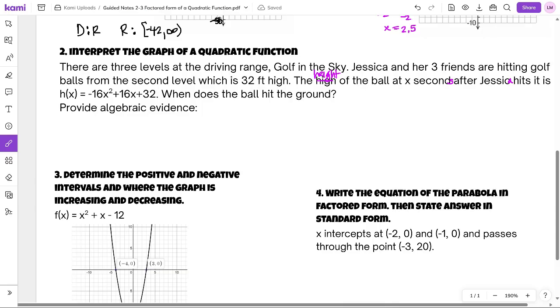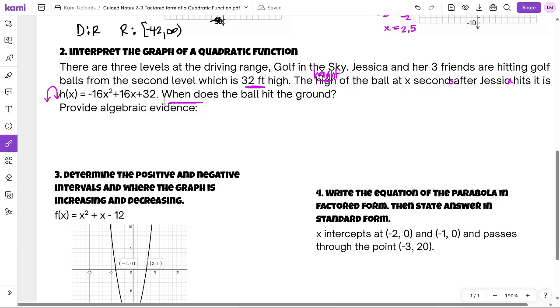When does the ball hit the ground? So I know I can graph that on Desmos. I know this opens down, so let's write down the things we know. I know we are measuring this in feet, and the question is at what time?